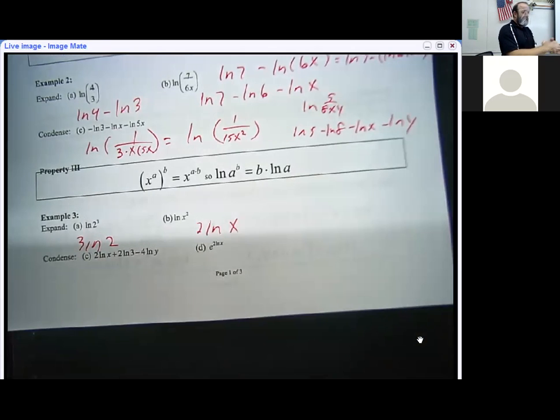Now, I have a little bit of a problem with this one, and so I don't want to go too quickly through that. But what did I tell you early on that you could take the log of? You could take the log of any positive number you want, right? Told you can't take the log of a negative, and you can't take the log of 0.